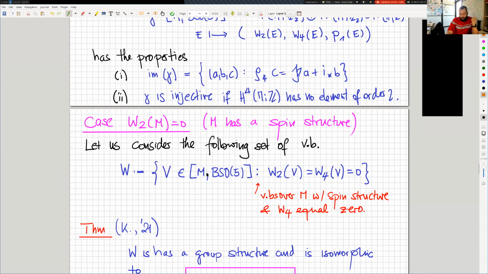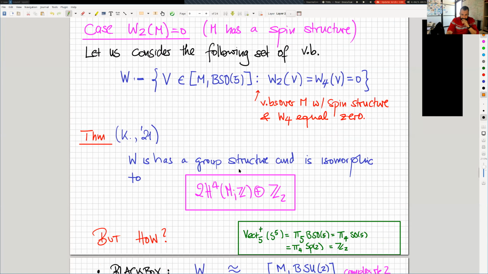You take a vector bundle over your manifold with spin structure, and then you take only those which also have a spin structure, or which are spinnable, which admit a spin structure, and also where the fourth Stiefel-Whitney class is 0. I will tell you later why this is important, but if we restrict to this class, we have a very nice description of W. That's why I'm restricting to these cases. But the other cases can be handled too.